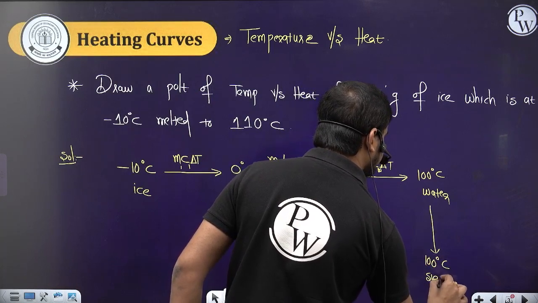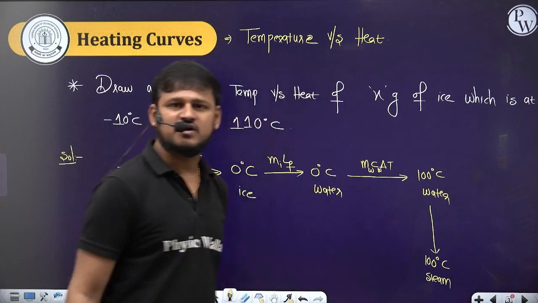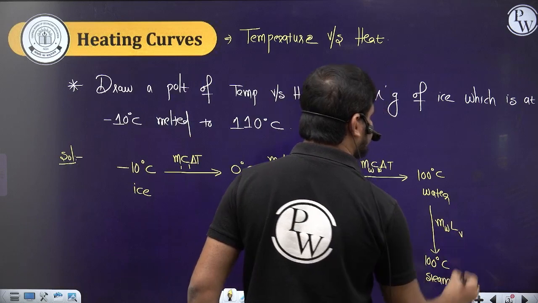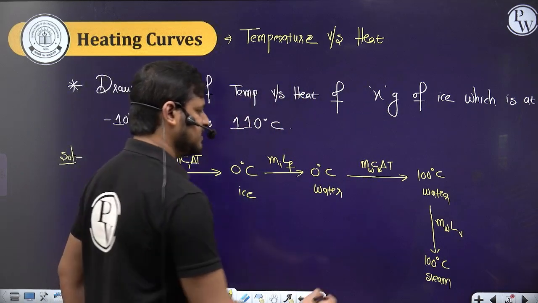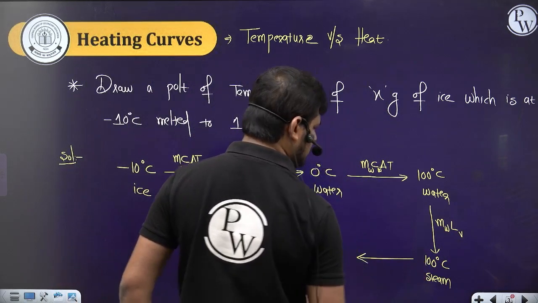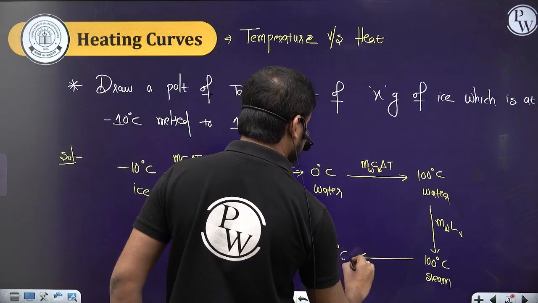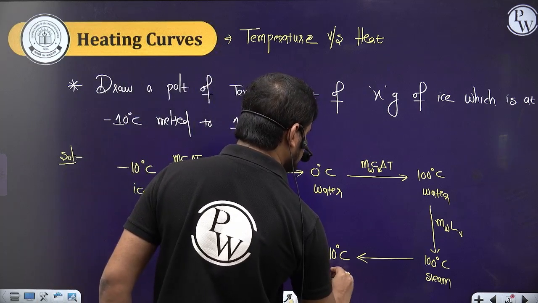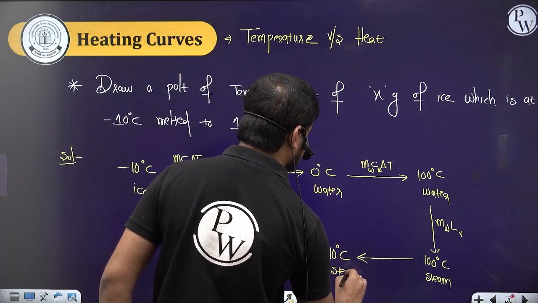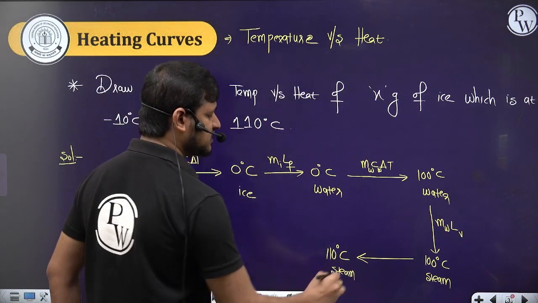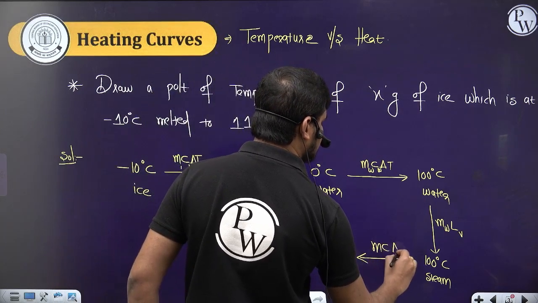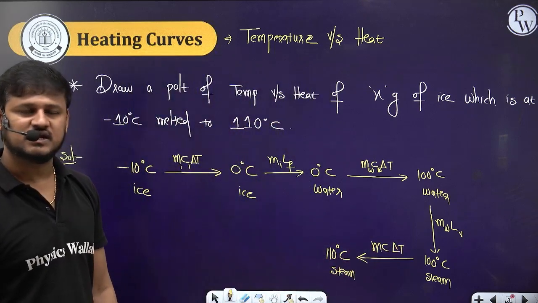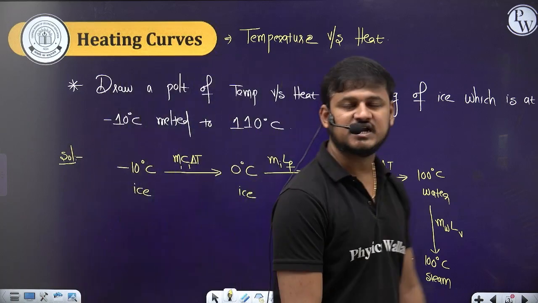Here it is the latent heat of vaporization: mass of water into the latent heat of vaporization L v. Then from steam at 100 degrees centigrade to 110 degrees centigrade, it is again steam. What's the temperature change involved? m c delta T, the temperature changed from 100 degrees centigrade to 110 degrees centigrade steam.